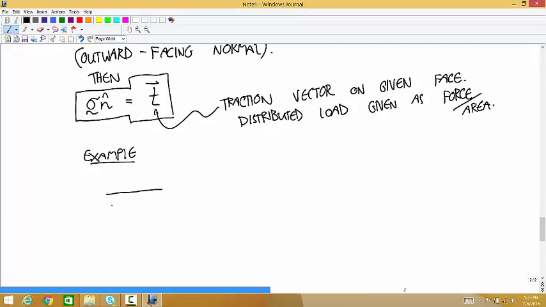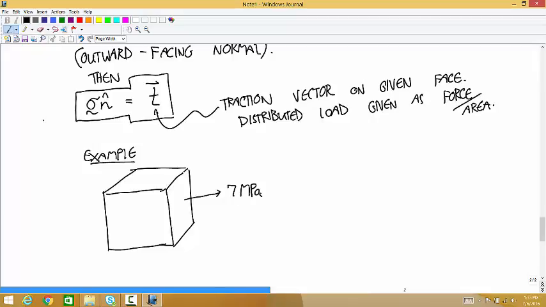So let's say that we have this stress element. On the x face, the x component of traction is 7 megapascals. There's no y, and the z component of traction is 2 megapascals. So that requires that on the z face you have one like this that's 2.